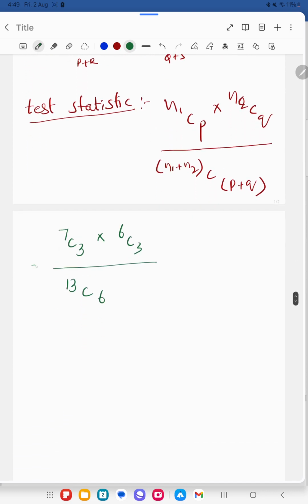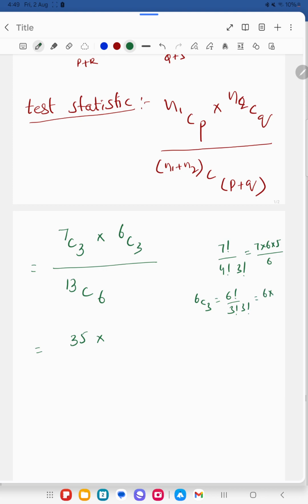So this implies 7C3 means 7 factorial by 7 minus 3, 4 factorial into 3 factorial. 7, 6, 5, 4 will be cancelled, and 3 into 2 is 6, 6 cancelled. So it implies 35 into 6C3, which is 6 factorial by 3 factorial into 3 factorial.